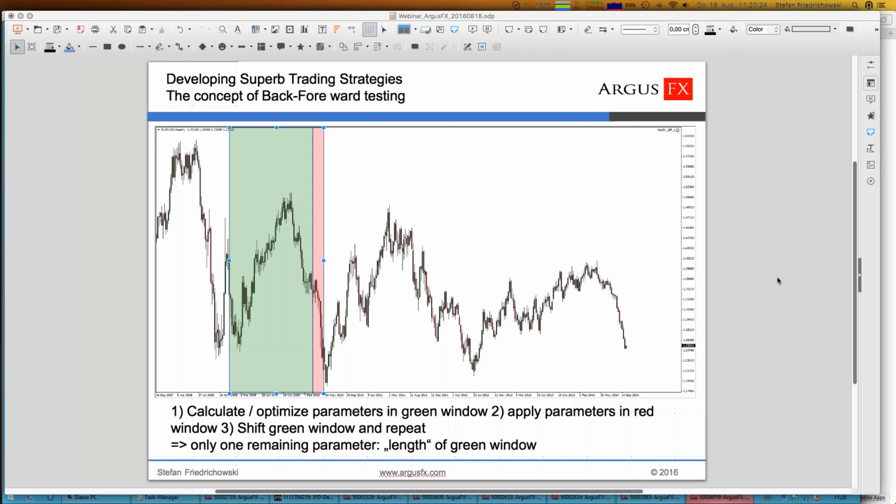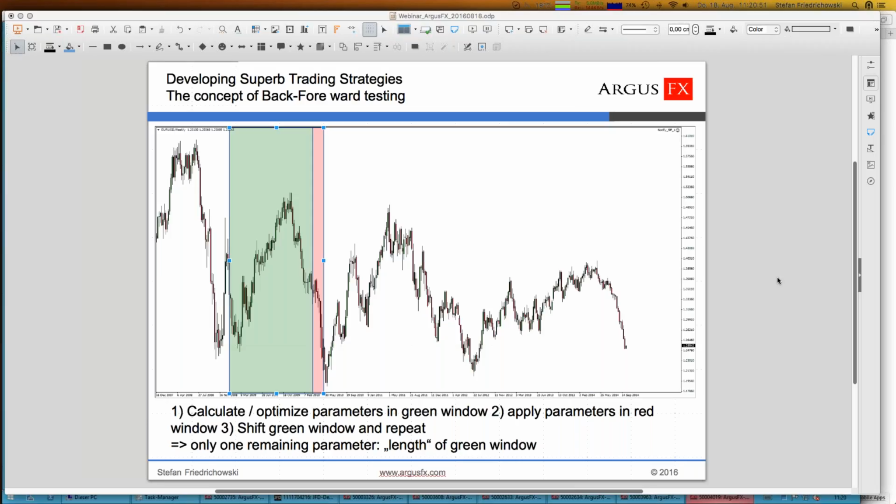So that kind of iteration process for the red box can go down, let's say, to 1. That would mean that we have to do a lot of optimization, applying, and so on. But finally, the red box might go to 1 candle.